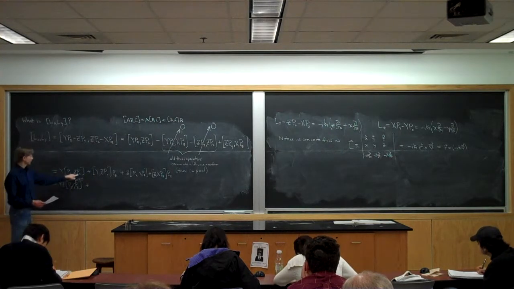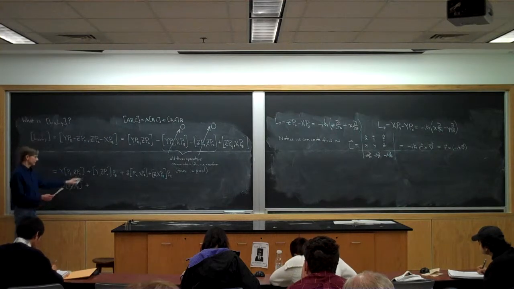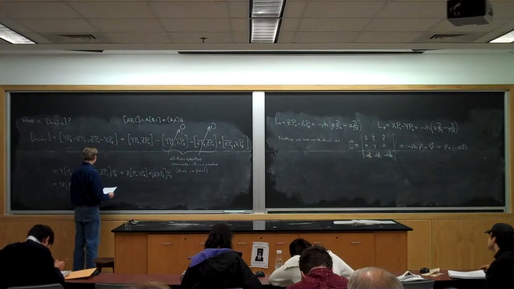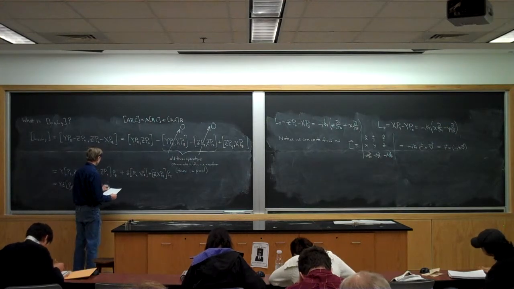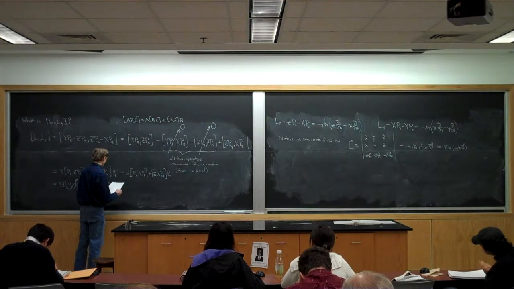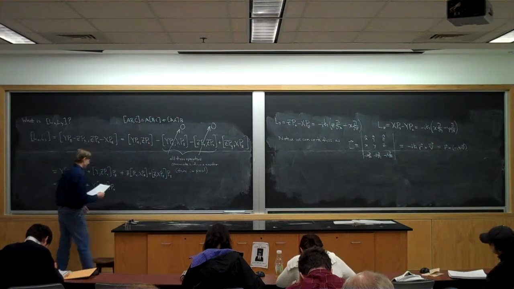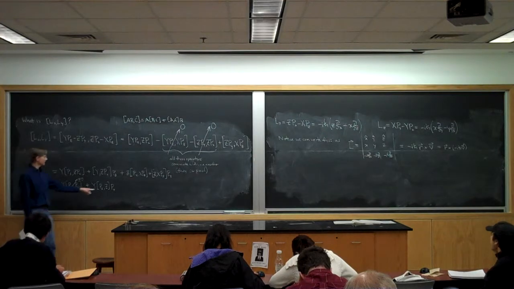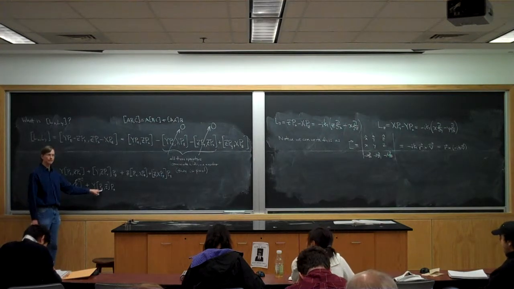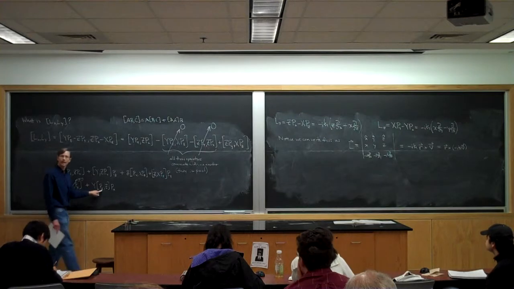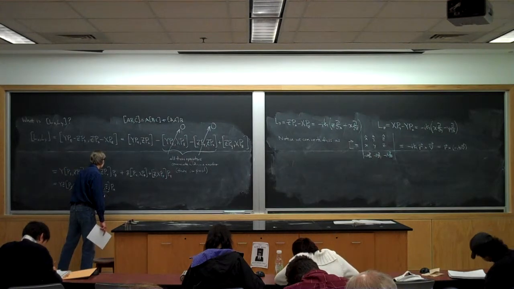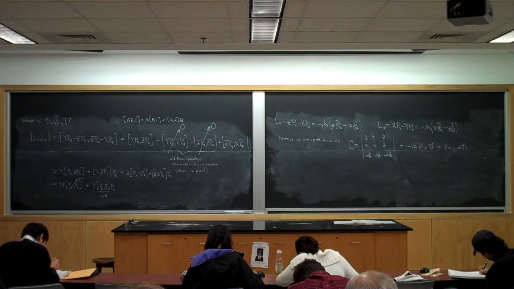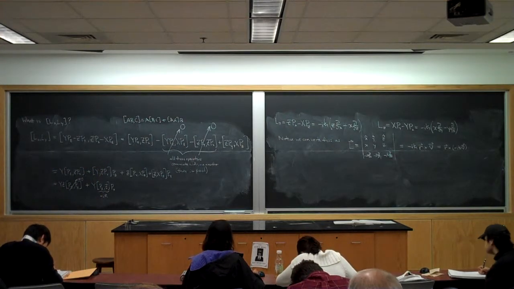Now I pull the px out, so I get y times the commutator of pz and z, times px. What's the commutator of pz and z? Minus i h bar. We know the canonical commutation relations. So I'm going to get minus i h bar y px.